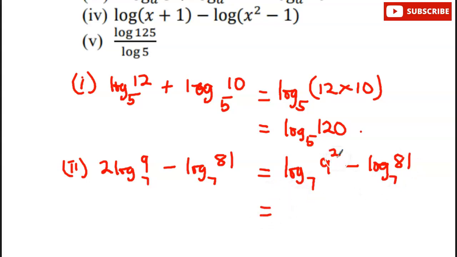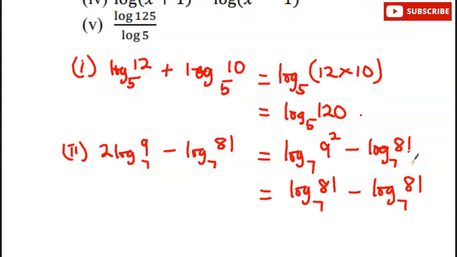And what is 9 to the power 2? That is log 81 base 7 minus log 81 base 7. Now from algebra, what is 2 minus 2? Which is 0. They are the same numbers, the same log. Log 81 to the base 7 and log 81 to the base 7. Now at this point, you can subtract and get 0.